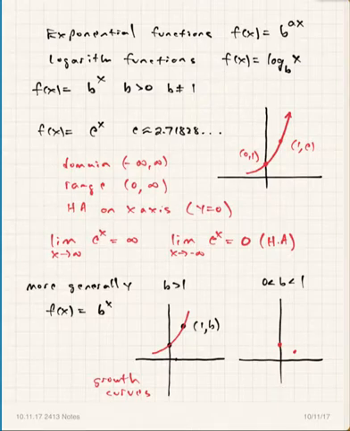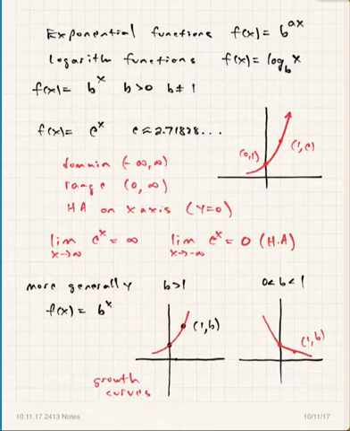And when x is negative 1, you'd have 1 over b, or the reciprocal of b, and if b is less than 1, its reciprocal would be greater than 1. And so you've got a graph that still goes through 1, b right here, but it's a falling graph, similar shape, and this is sometimes called a decay curve.